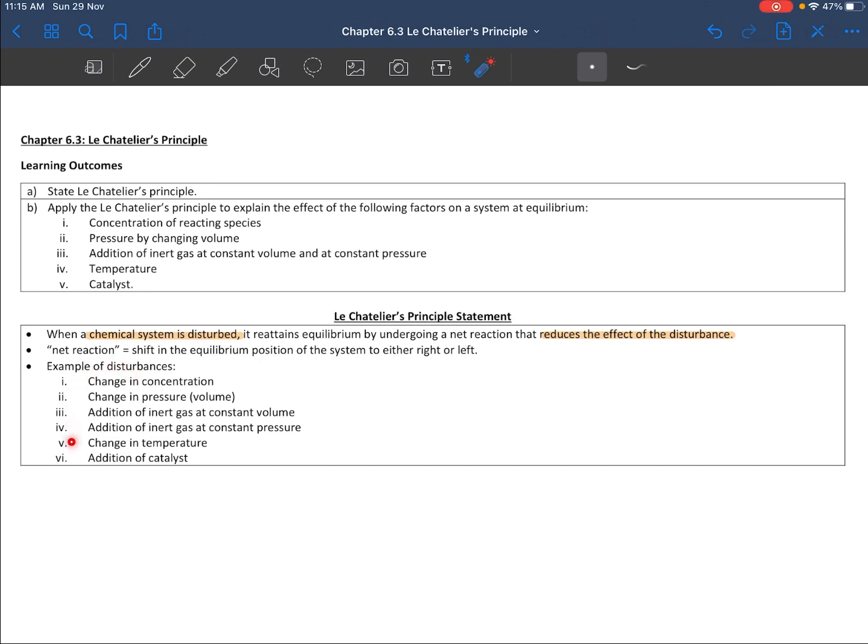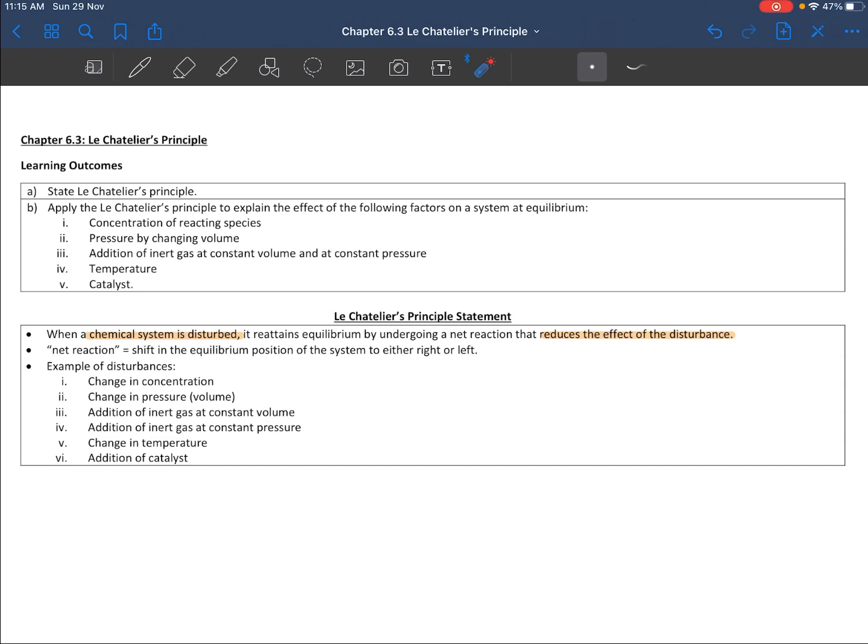Example of disturbance yang kita boleh buat adalah contoh sistem tu dah equilibrium and then kamu tukar concentration of the reactant katakan. Ataupun sistem tu dah equilibrium and then you increase the pressure of the system, cara nak increase pressure by altering dia punya volume. Atau kamu tambah inert gas at constant volume or at constant pressure, kamu tukar temperature, ataupun kamu tambah catalyst.